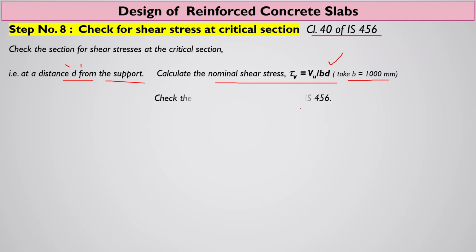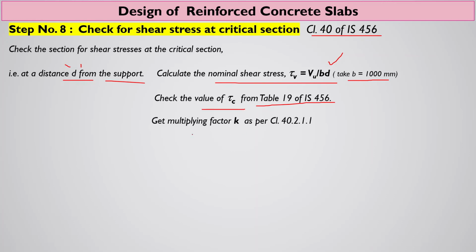And then we have to apply the check as per table number 19. That means you have to work out the value of tau c from table number 19, and then we have to multiply it by factor k, and for this you can refer clause 40.2.1.1.